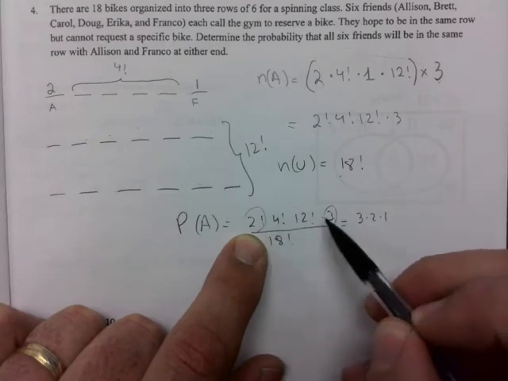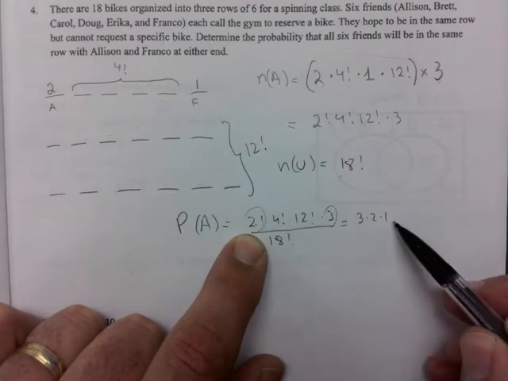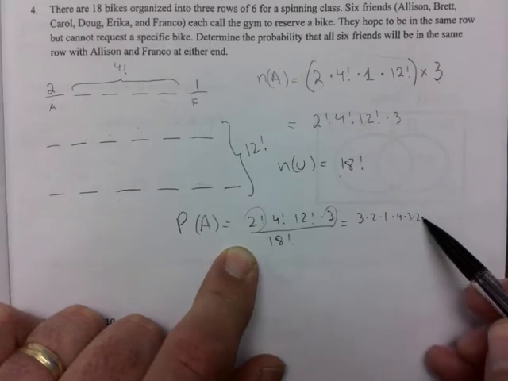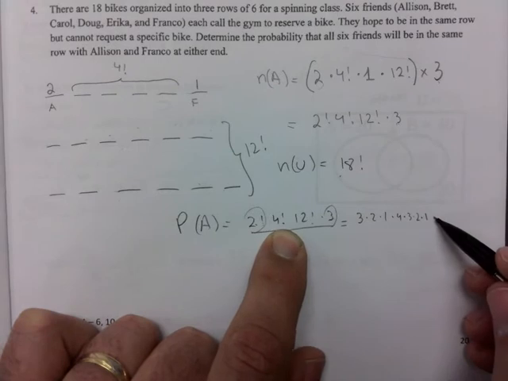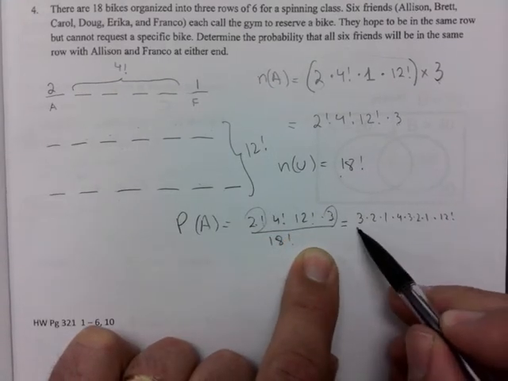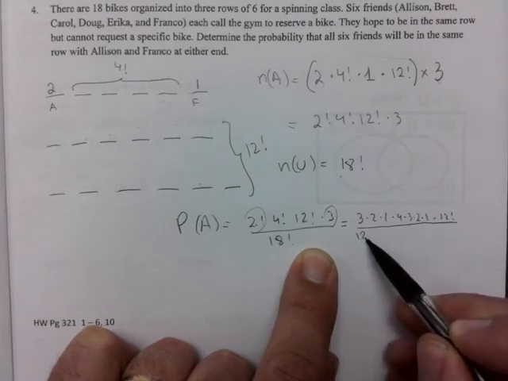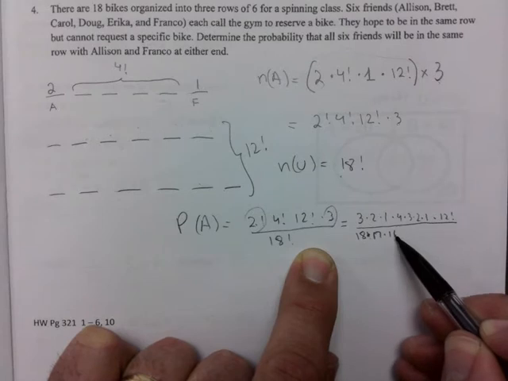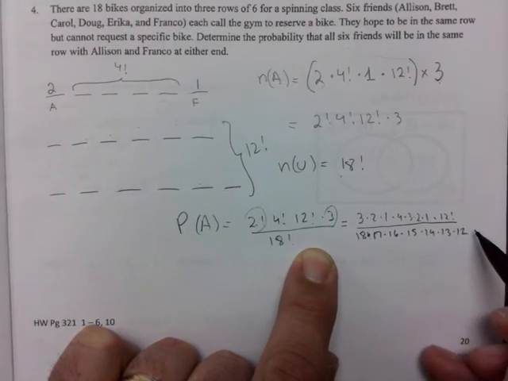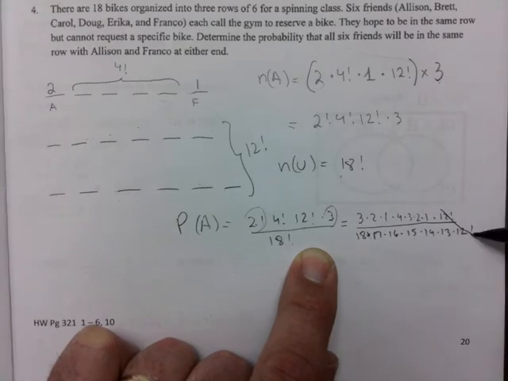So we can just say 3 times 2 times 1, which is this, times 4 times 3 times 2 times 1, for this, times 12. Actually, that I'm going to leave. But down here, I can go 18 factorial, 18 times 17 times 16 times 15 times 14 times 13 times 12 factorial.